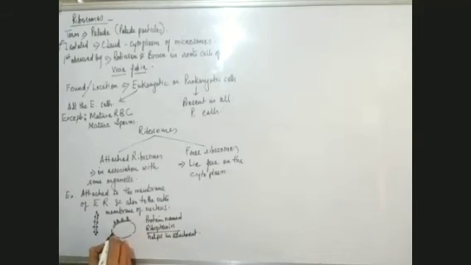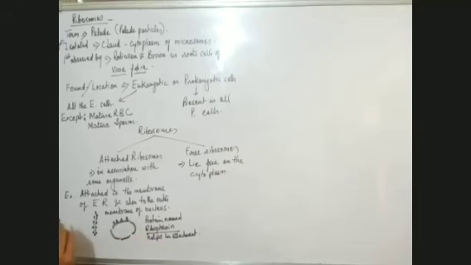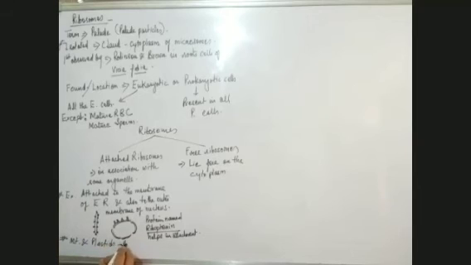So they also have ribosomes, but inside them, not attached to the outer surface. What type of bodies are they? Self-autonomous.